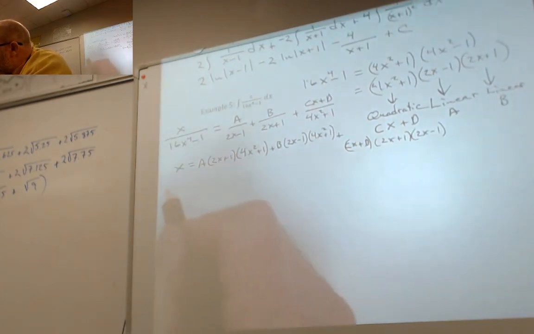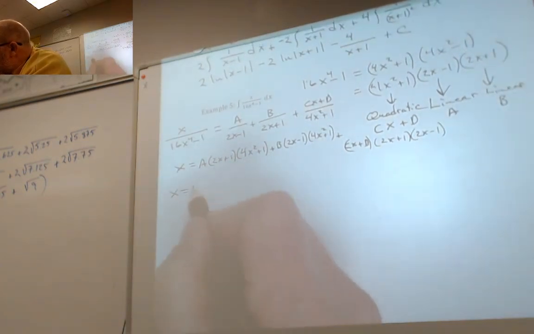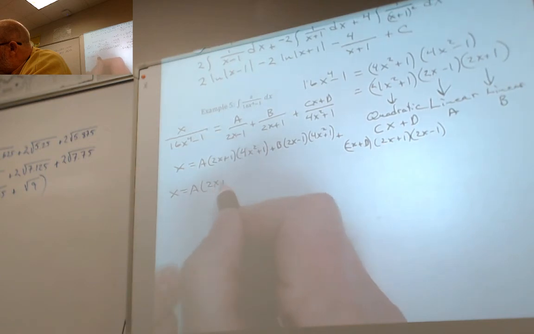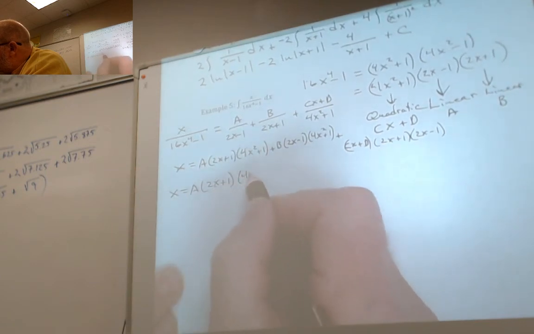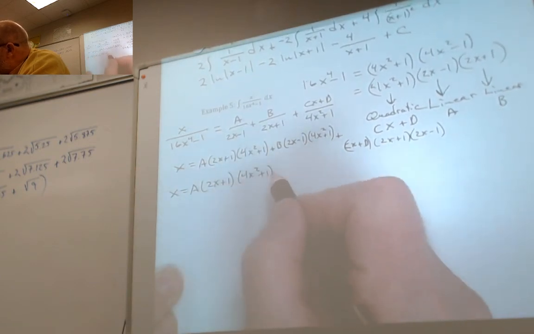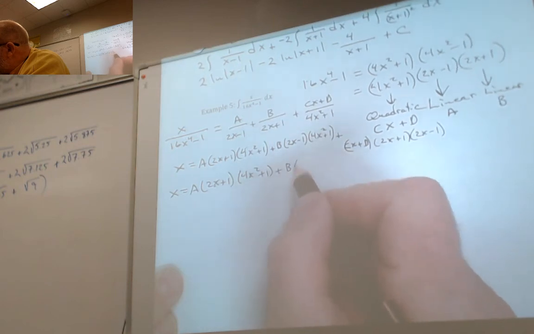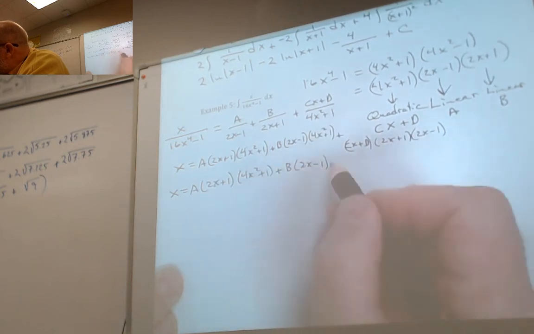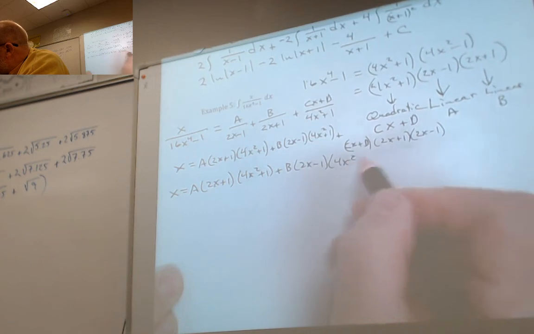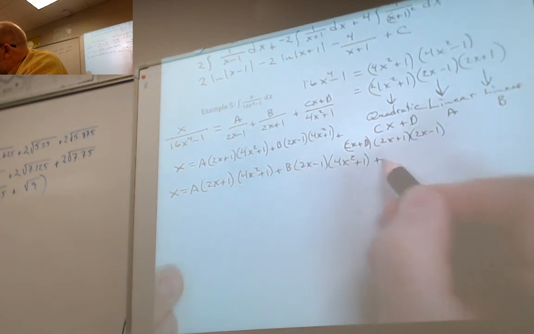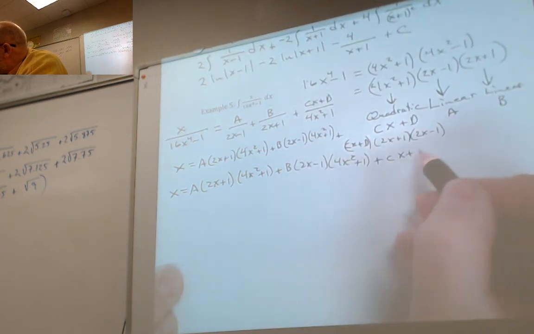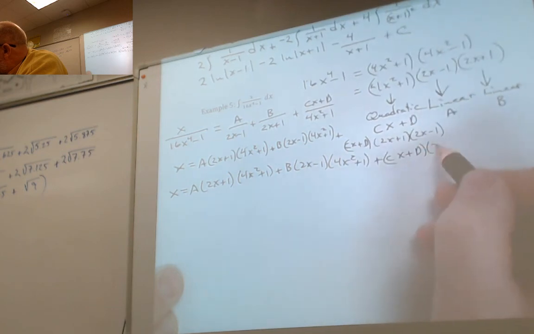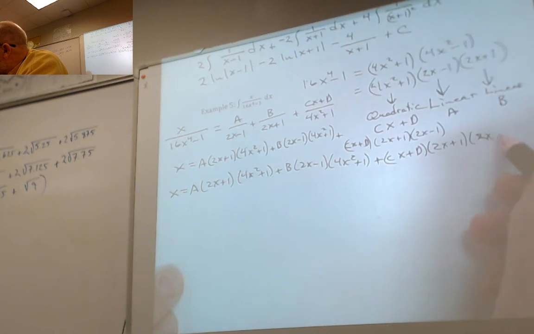So I'll rewrite it. x equals A times 2x plus 1 times 4x squared plus 1, plus B times 2x minus 1, 4x squared plus 1, plus Cx plus D times 2x plus 1, 2x minus 1.